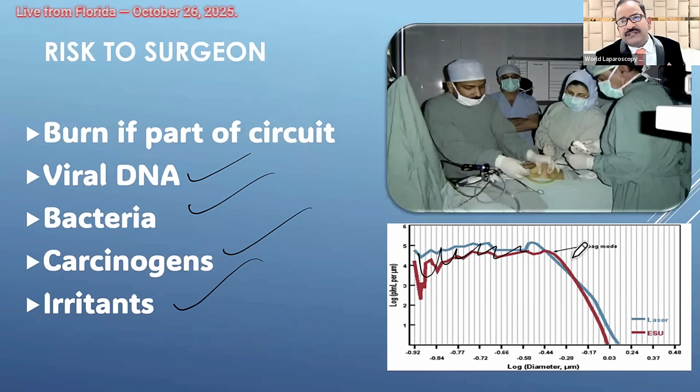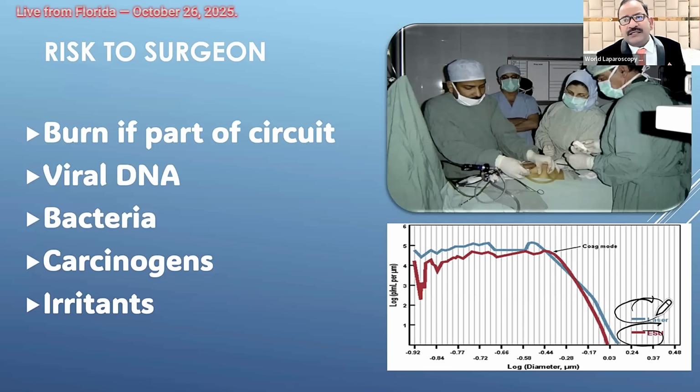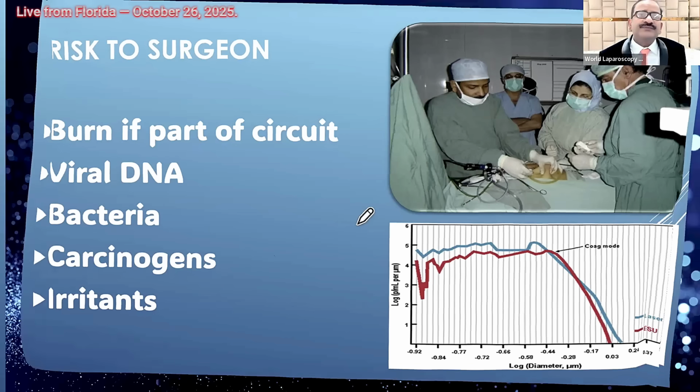One study said that laser and electrosurgery both produce a lot of carcinogen. So we should avoid directly inhaling them, because it has irritants and carcinogens. So we should use the smoke evacuation system, and you should suck the smoke out nicely.